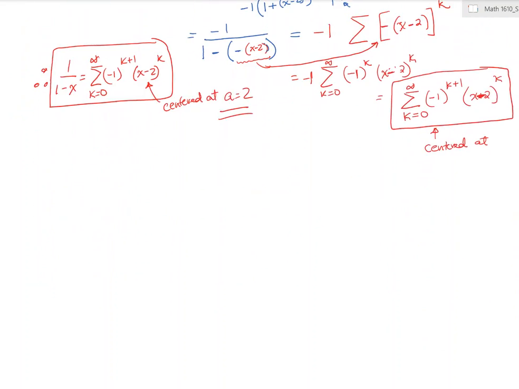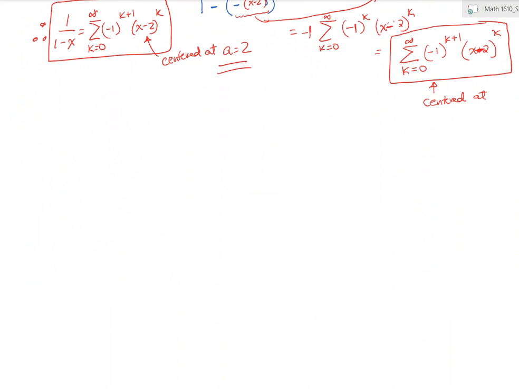So now let's try centering it at a equals -5. Okay, so let me remind you again. 1 over 1 minus x is summation x to the power k going from 0 to infinity.